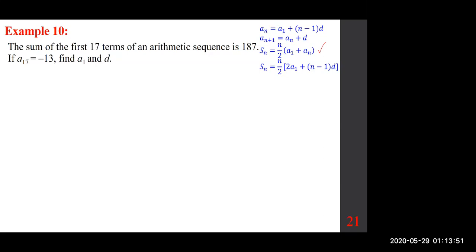S sub n is n over 2 times a sub 1 plus a sub n. Because n is 17, okay, n is given as 17. Practically, we're done by just plugging in. So S sub 17 is 17 halves times a sub 1 plus a sub 17, and a sub 17 is given.